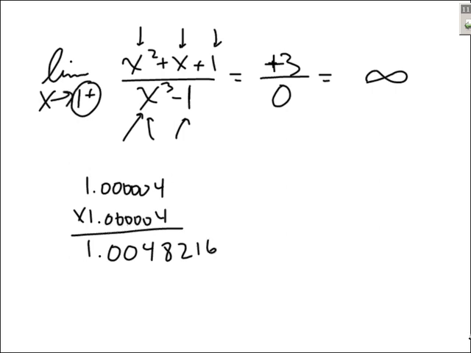You get more than 1. And then if you multiply it by that 1.004 number, you're going to get more than 1. So this is more than 1. You take away 1, it'll be positive. If you have more than $1 and you spend $1, you have something left. So the overall sign is positive.